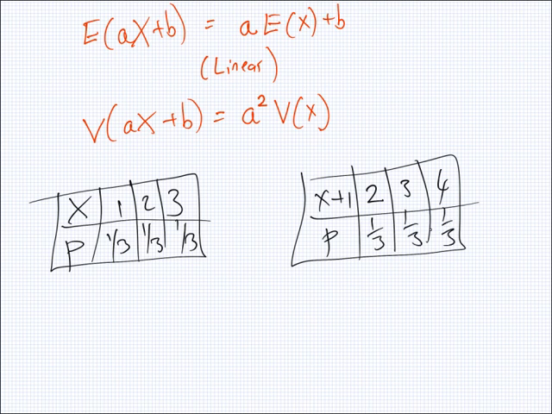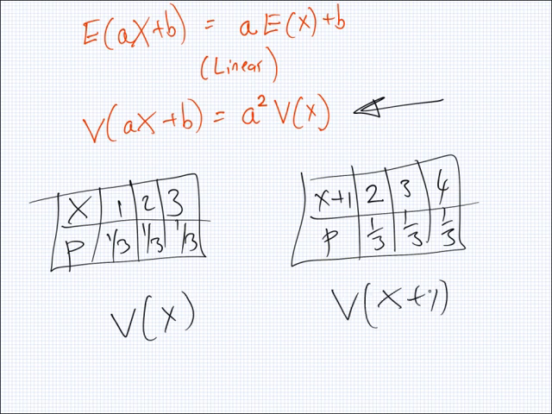I know for a fact that the variance here and the variance here will be the same by using this rule. Because the only difference is this is the variance of X and this is the variance of X plus 1. But according to this rule, the plus 1 doesn't matter. So you don't need to, but you could calculate and you'd see the variance would be the same for both.